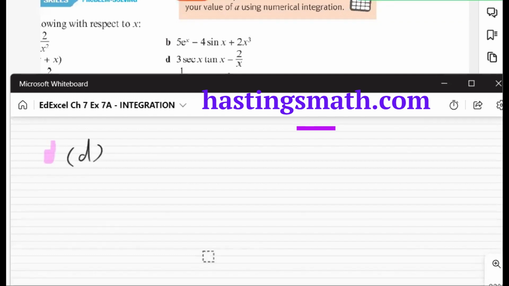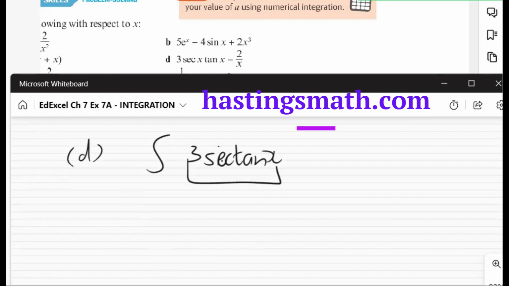Number d, we want to integrate 3 sec x tan x. Sec x tan x becomes straight away sec x when you integrate it. So this is just memorizable. And bring down the a value of 3.